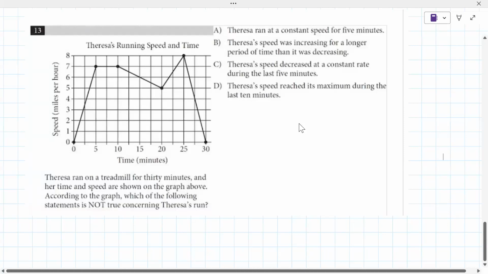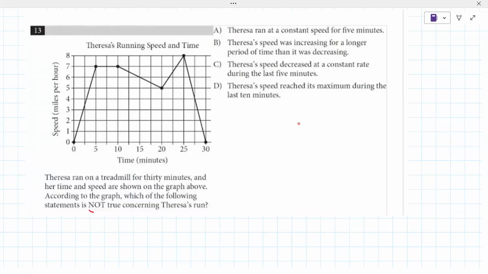Okay. Yeah, take a look at this one. We're looking for the not true one. That's always a little different.